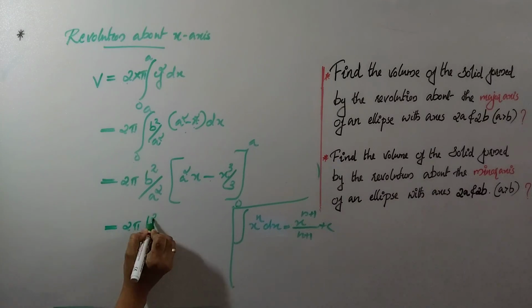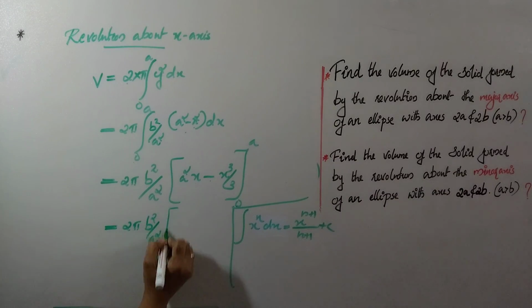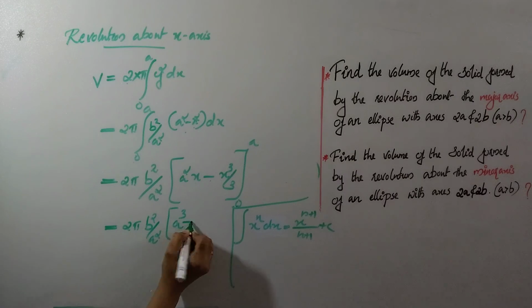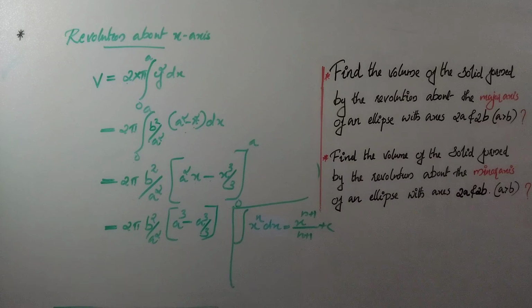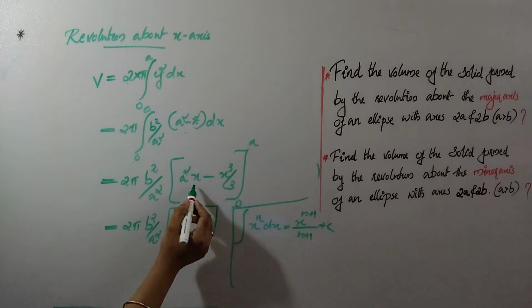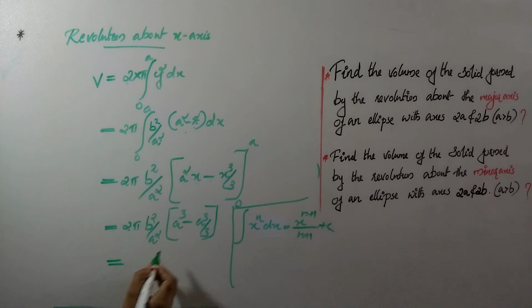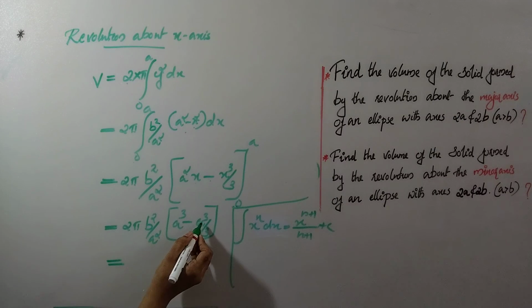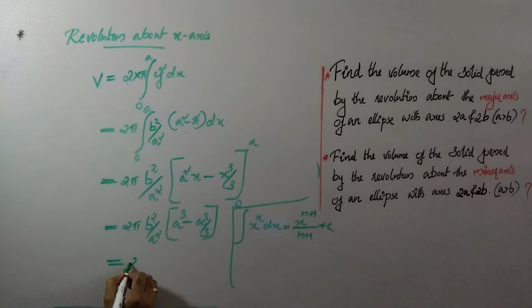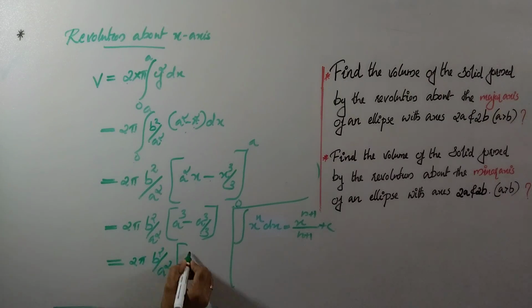That is 2 pi b square divided by a square into a cube minus a cube by 3, after applying the limits. If we apply the lower limit it becomes 0. So we get 3a cube minus a cube, 2 pi b square divided by a square into 3a cube minus a cube whole divided by 3.